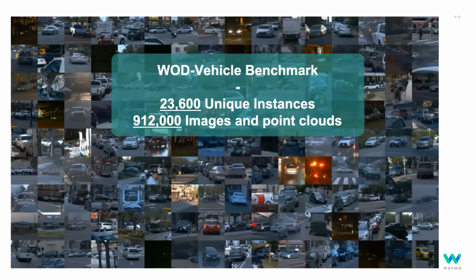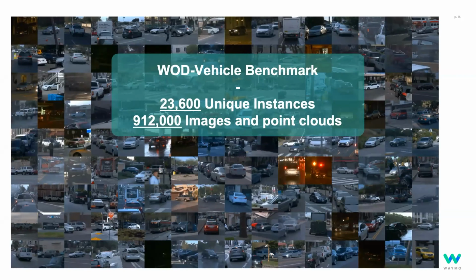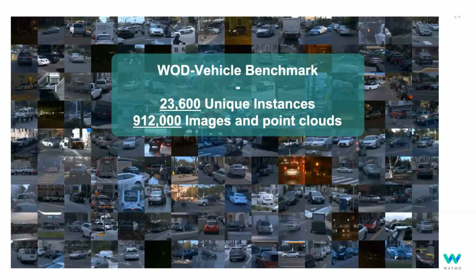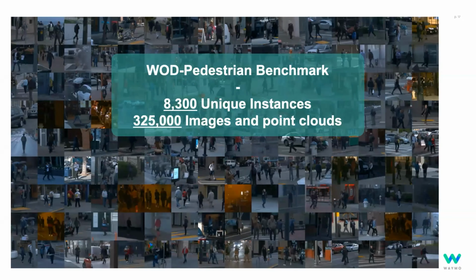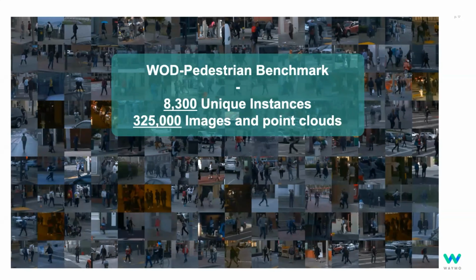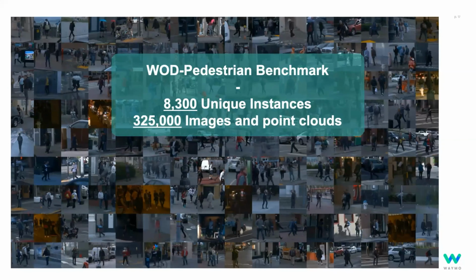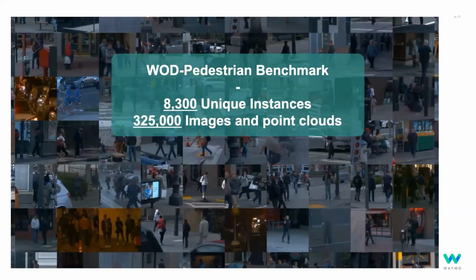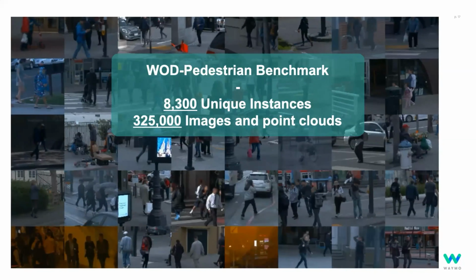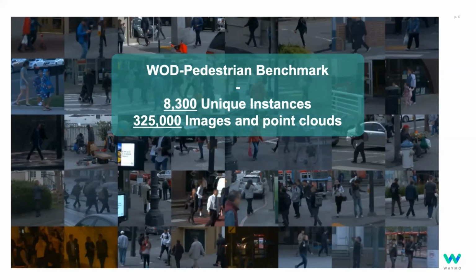Here are more visualizations of the dataset and pedestrian benchmark. To the best of our knowledge, this is the largest, most diverse dataset for this purpose in the autonomous driving industry, which we plan to release very soon.